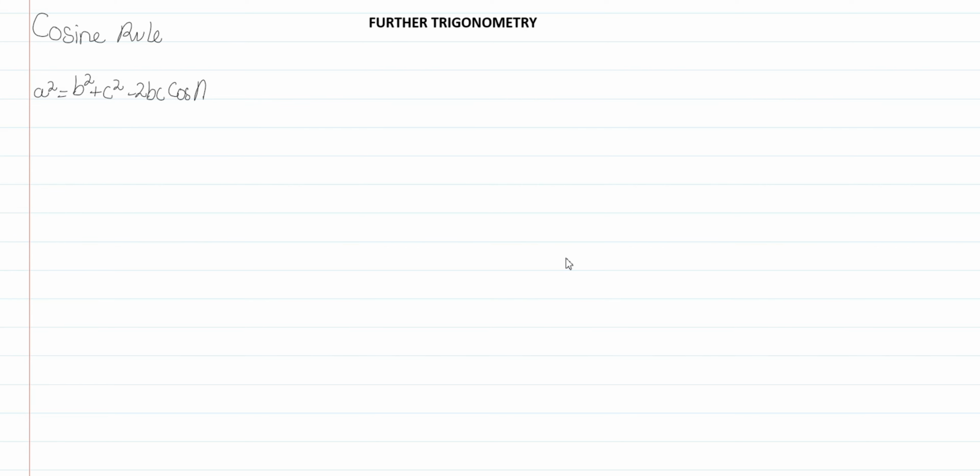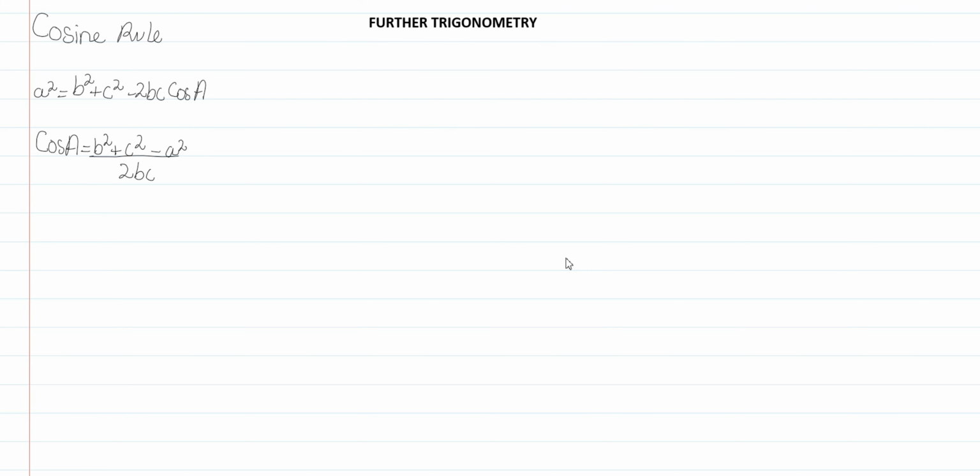Okay, there is another way of writing. Cos A is equals to b square plus c square minus a square upon 2bc.